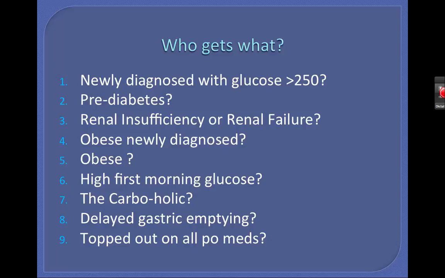100 to 120. So, for example, if a patient's fasting blood glucose is 100 to 120, they will require no adjustment in their daily dose of insulin. If their fasting blood glucose is 120 to 140, then you increase their daily dose of insulin by 2 units.